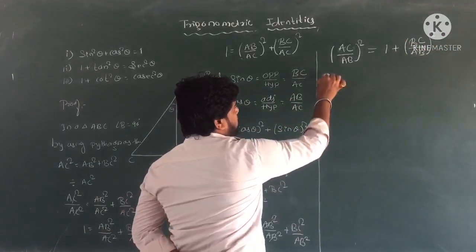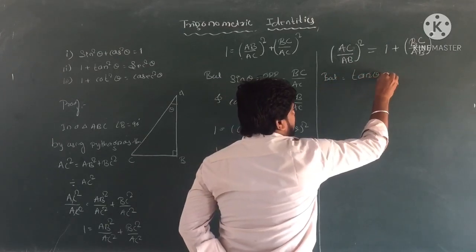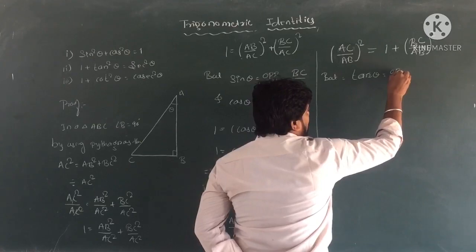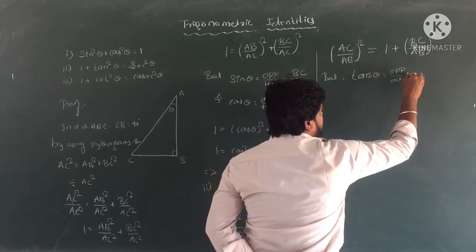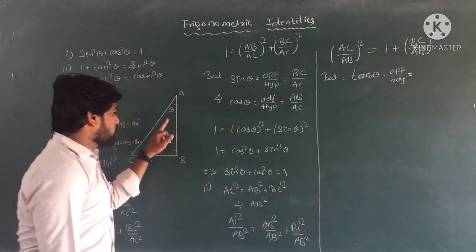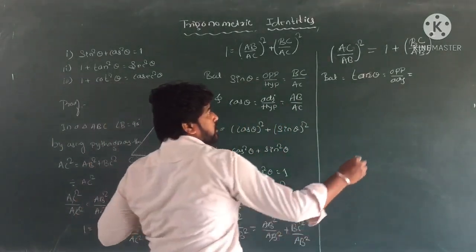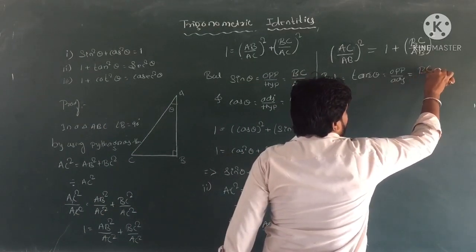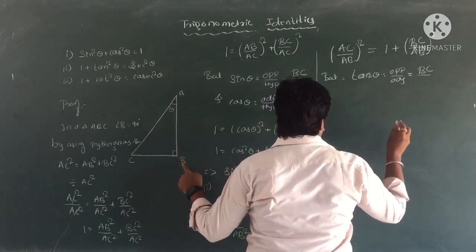Right? But we have here tan theta is equal to opposite by adjacent. When we consider theta here, what is the opposite? BC. And what is the adjacent? AB.